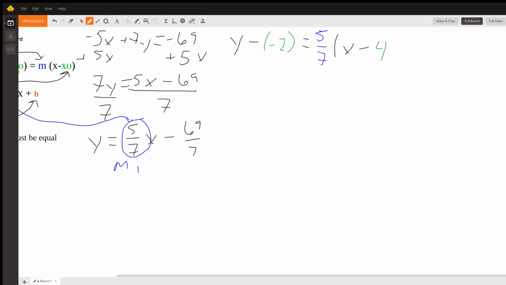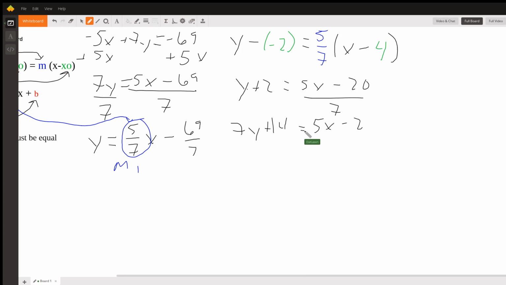And so from that, we can now simplify our expression. Two negatives make a positive, so we have y plus 2. And then we can distribute this 5 over 7, so we have 5x minus 20 over 7. We're going to multiply both sides by 7, so we get 7y plus 14 equals 5x minus 20.